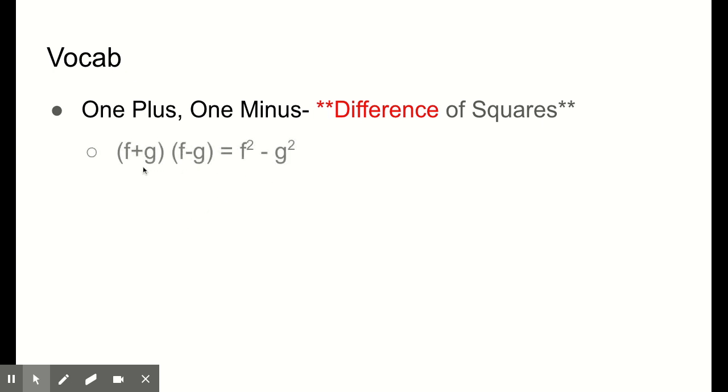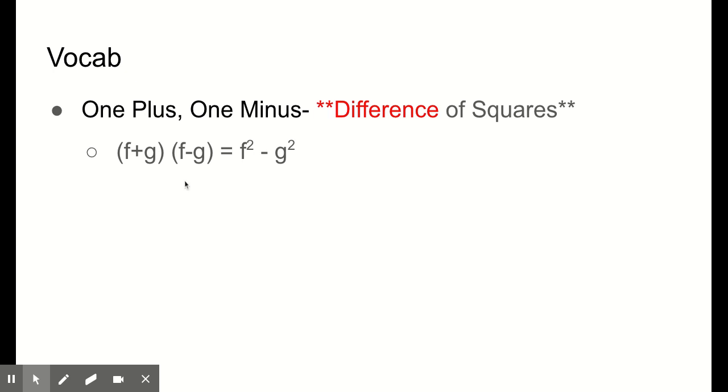So if we have f plus g times f minus g, that's always going to multiply out to f squared, your first term, minus g squared, the second term. This is only the case when your terms are the exact same numbers. These numbers have to be the same, and these numbers have to be the same.